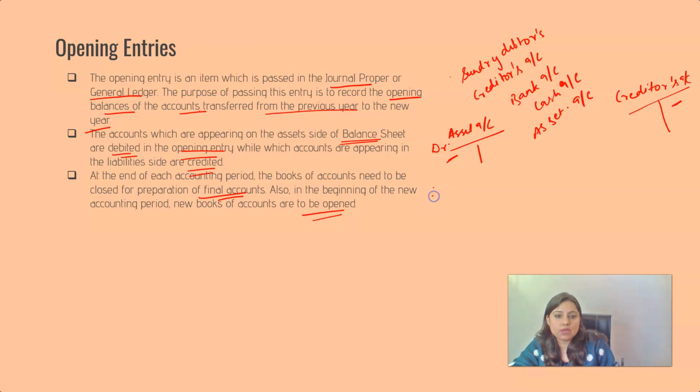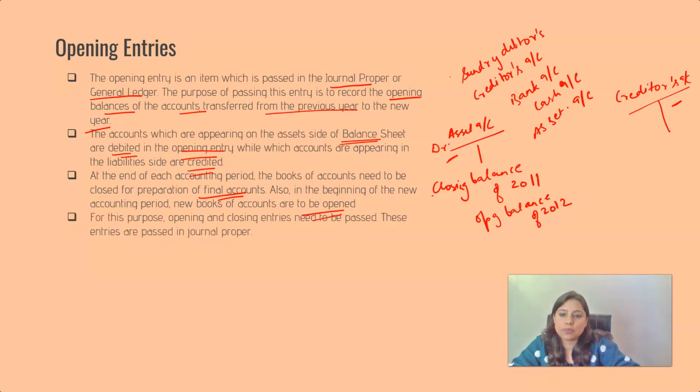So for example, the closing balance of 2011 would become the opening balance, carried forward to the next period, that is 2012.